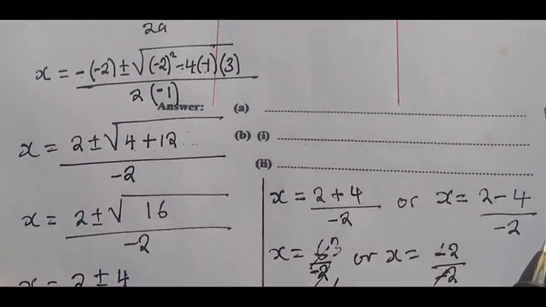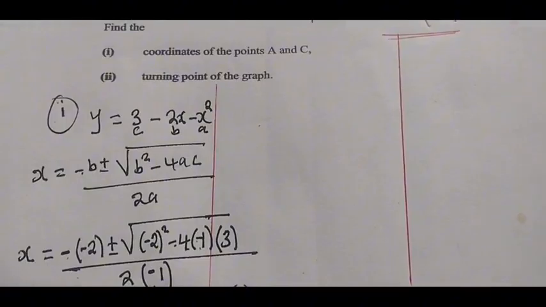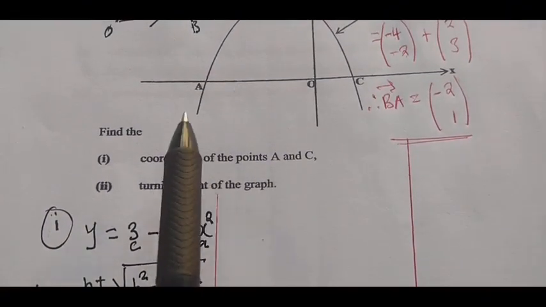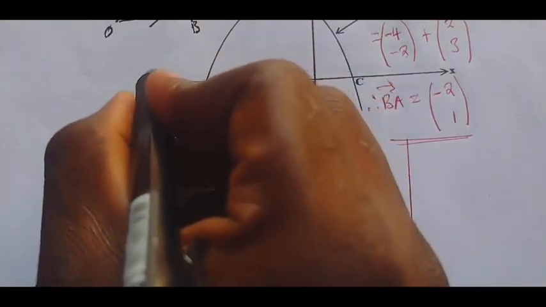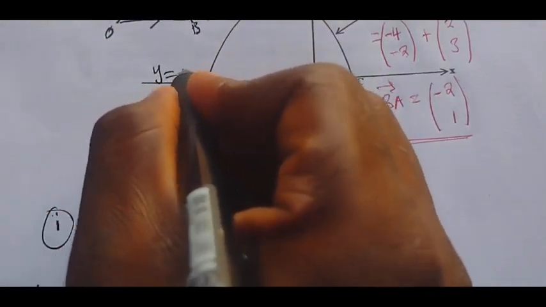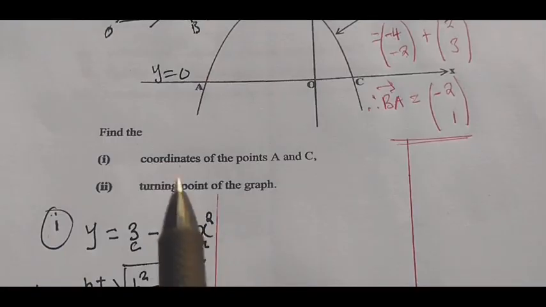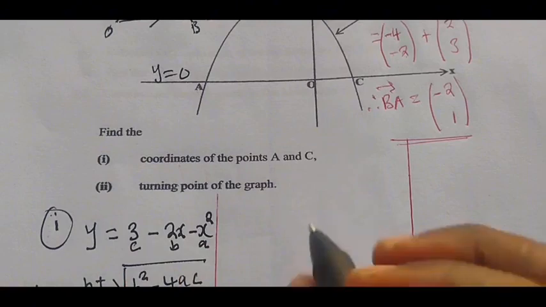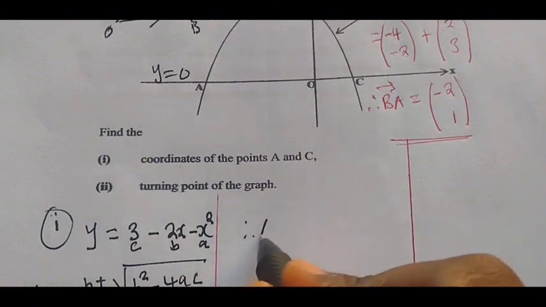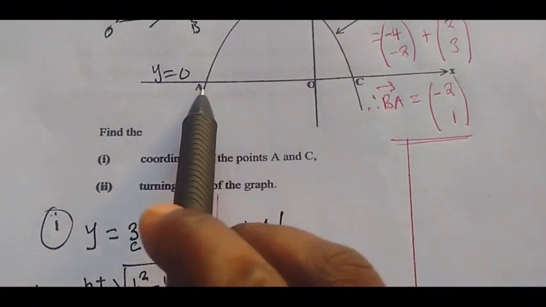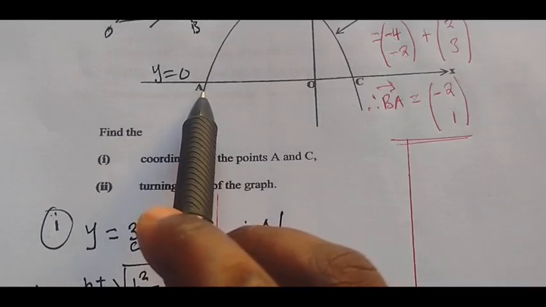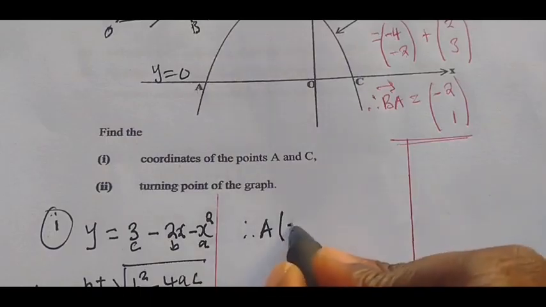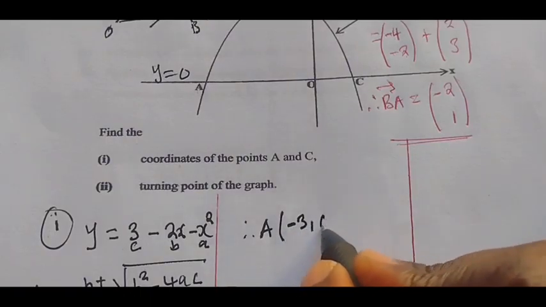So let us come back to our question right here. Okay, this is our question. So I said this is the line y equal to 0. Our coordinate A is right there, our coordinate C is right here. So therefore A, you can see A is on the negative side, and we said x is equal to negative 3 or 1, so it will be negative 3 comma 0.